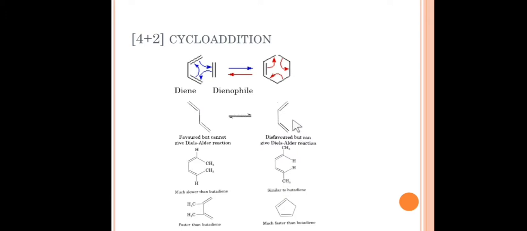They react similarly to butadiene. This one which has two methyl groups on the inside carbons, due to repulsion will always give us the perfect orientation for the Diels-Alder reaction. So this reacts faster than butadiene, and finally this cyclic diene is always much faster than butadiene. So this is how the reactivity affects the Diels-Alder reaction.